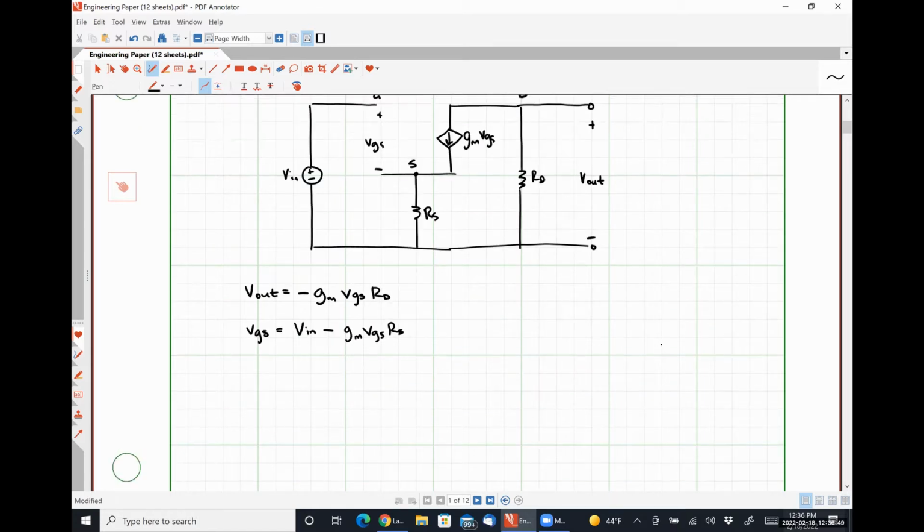And doing a little bit of algebra here, this is going to look like VGS plus GM RS VGS is equal to Vin, which means VGS looks like Vin divided by 1 plus GM RS.